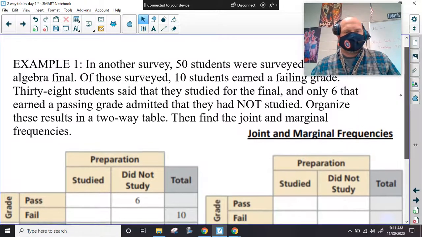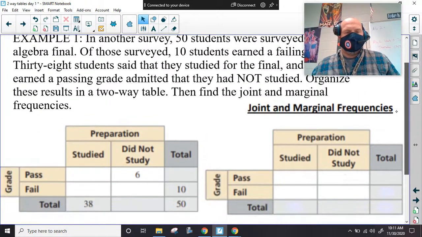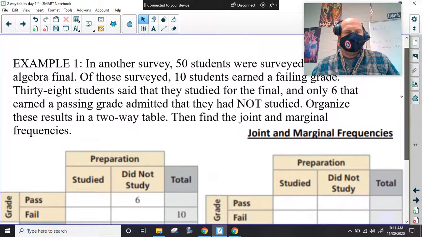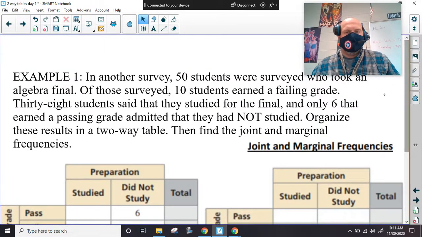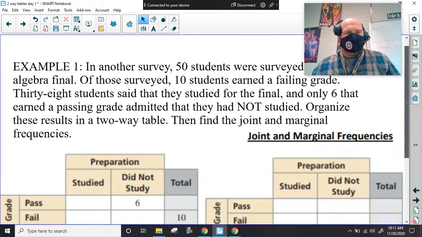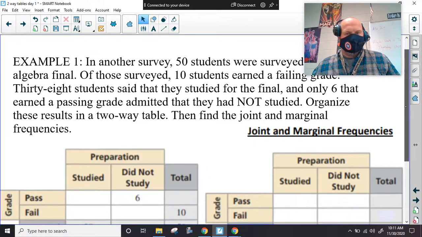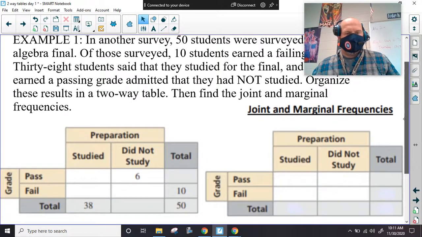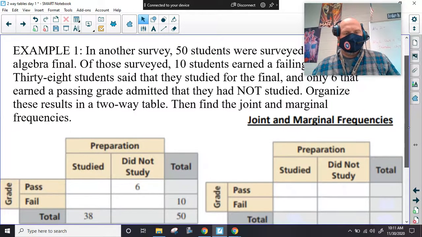So we've got to figure out what goes where. 10 students earned a failing grade. So that's the 10. 38 said they studied for the final, and 6 said that they studied and did not do this. All right.